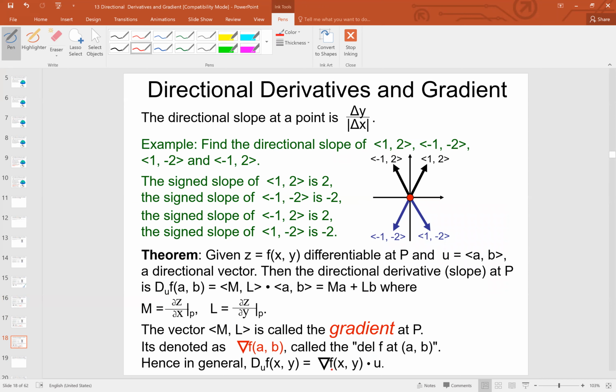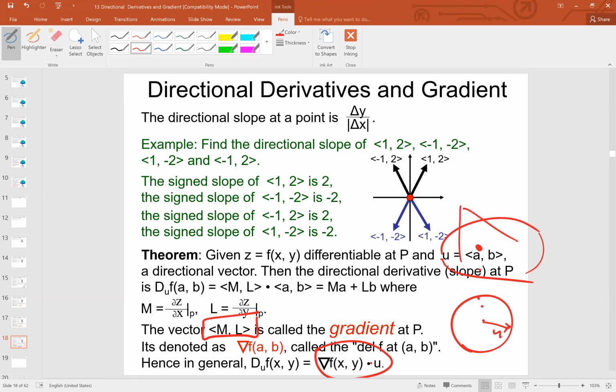And the directional derivative is just del f dotted with the direction u. So you start with a different compass direction u, and upstairs at the point, it gives you the slope of the cross-sectional curve in the direction of u.